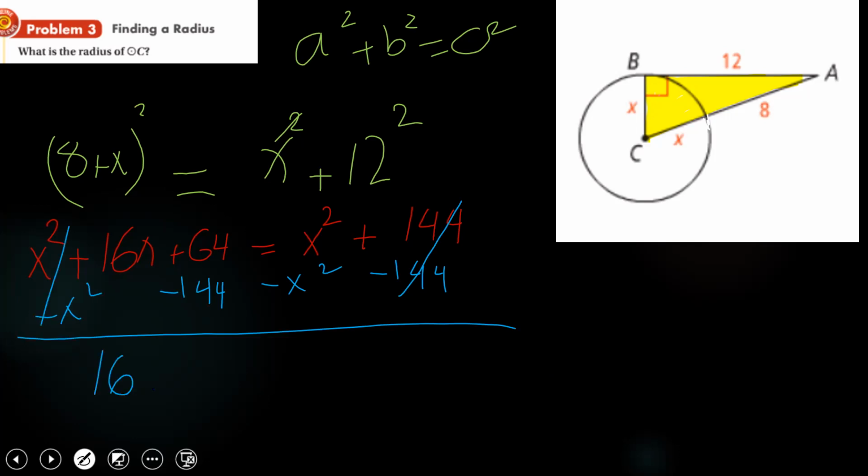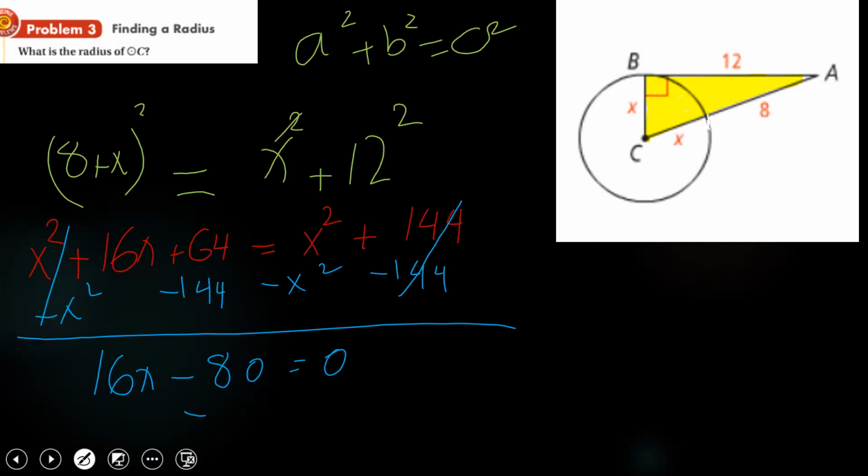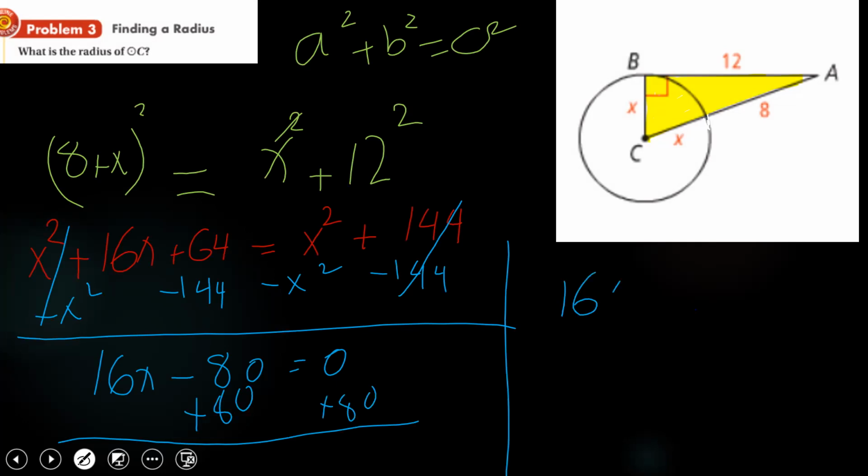X squared minus x squared is 0, and 16x plus 64 equals 144. Then I need to find x. How? Take 64 to the other side, so 16x is 80.